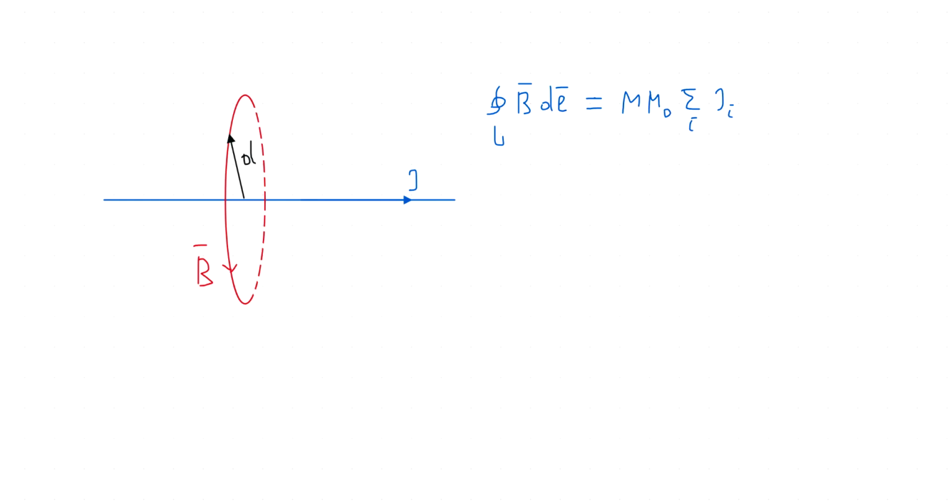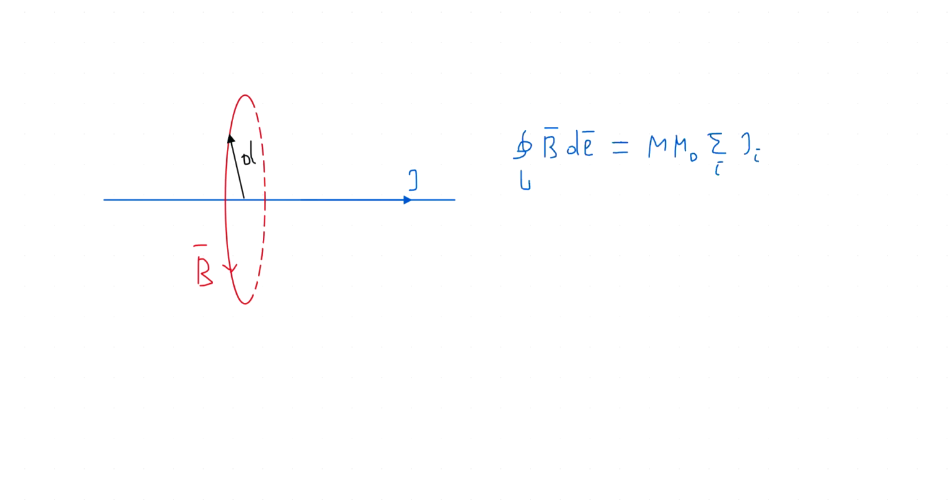And to use this, the first step is to choose the best circuit. The best circuit that will allow us to calculate this integral without knowledge about function B, about vector B, because we still don't know the absolute value of this vector.